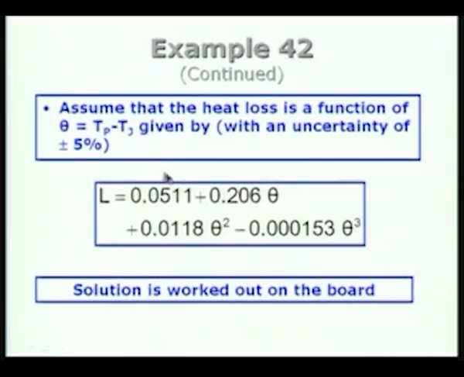We also are given that a separate experiment has been performed to determine the heat loss as a function of the temperature difference between the plug and the jacket. If you remember, towards the end of the last lecture, I said that we can determine the heat loss as a function of the temperature difference by performing an experiment with a medium whose thermal conductivity is known very accurately.